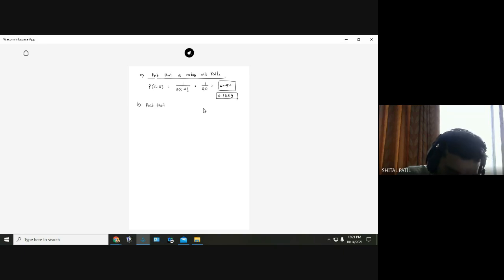Probability that more than 1 cube will fail.